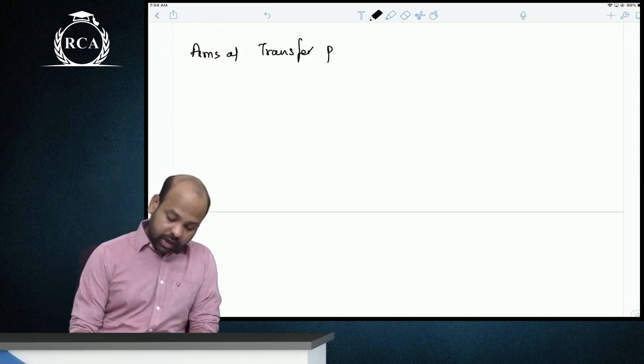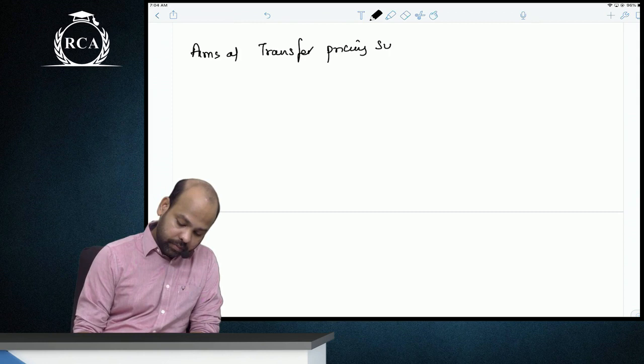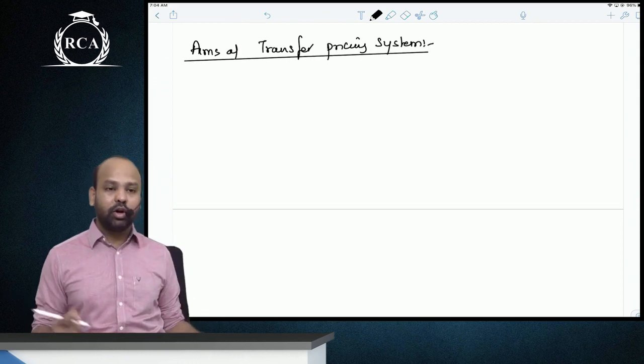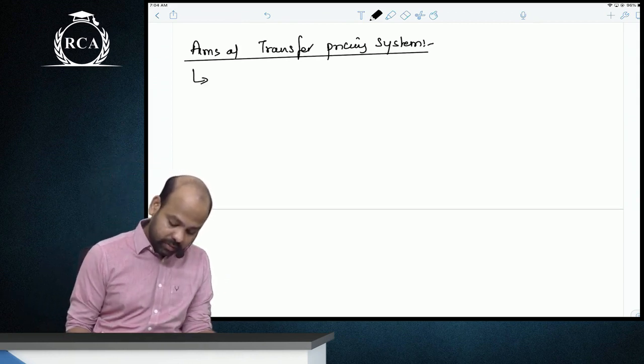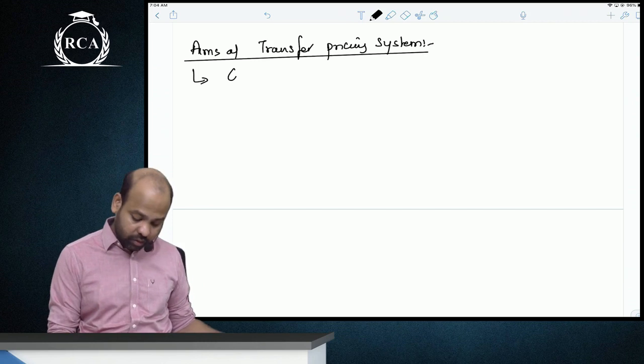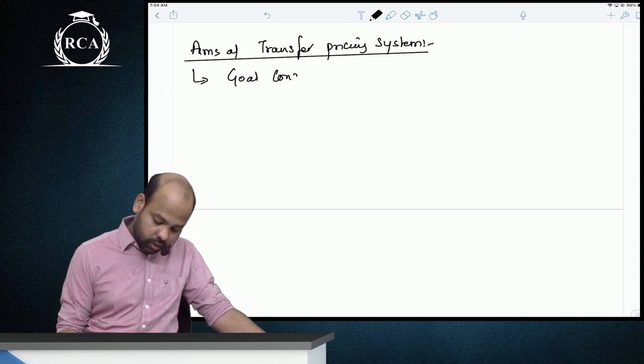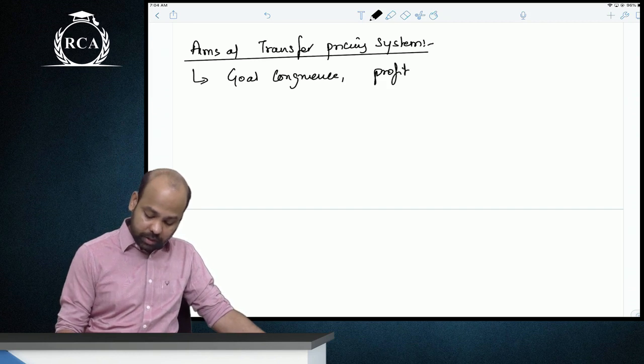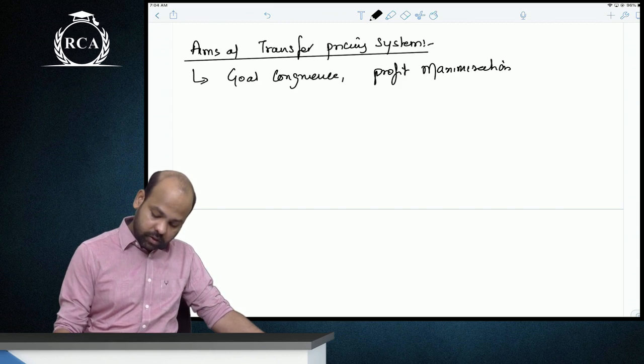So, aims of a transfer pricing system. The first important aim is goal congruence. Profit maximization of the company, of the organization as a whole.